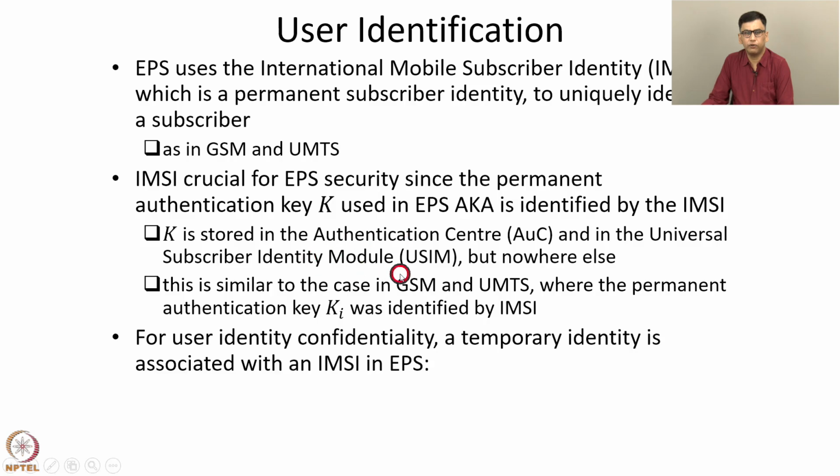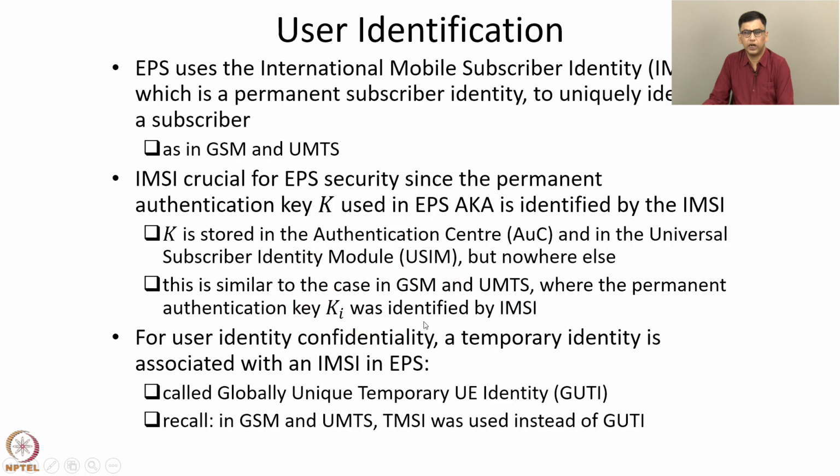For user identity confidentiality, a temporary identity is associated with an IMSI in EPS, and that is known as GUTI, which stands for Globally Unique Temporary UE Identity. So, it is similar to the TMSI, which was used in the case of GSM and UMTS, and which we discussed earlier.